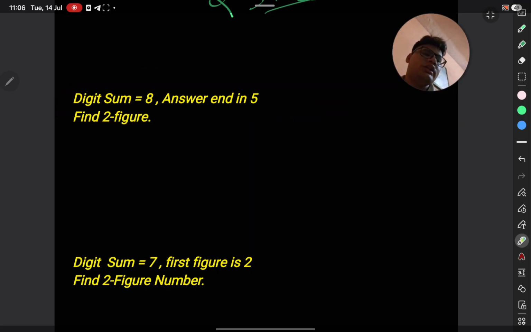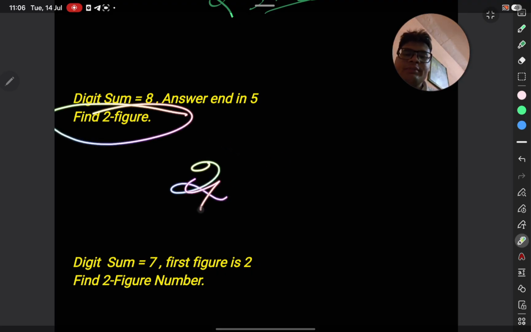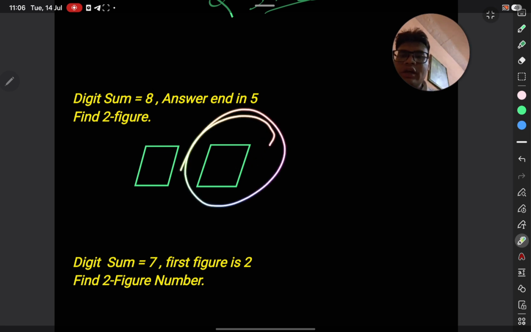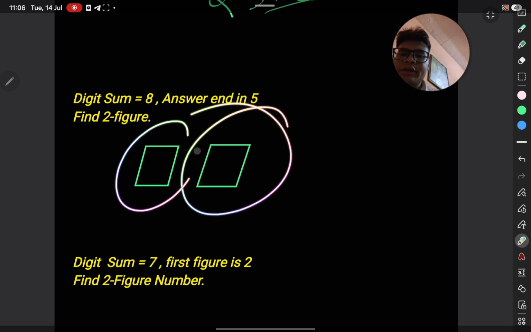So what will we do? Here is a two figure number, minus the last figure and the first figure.